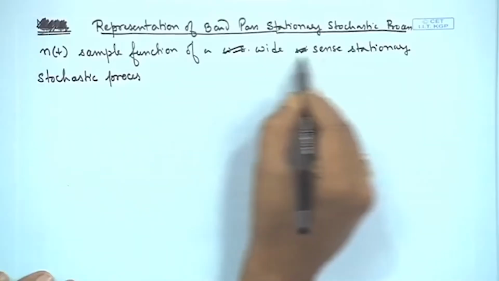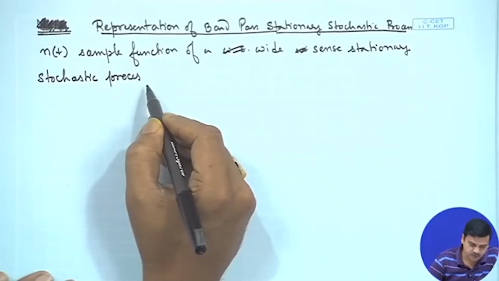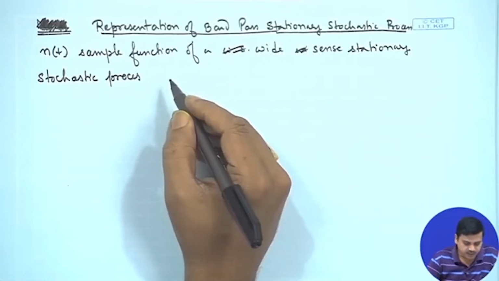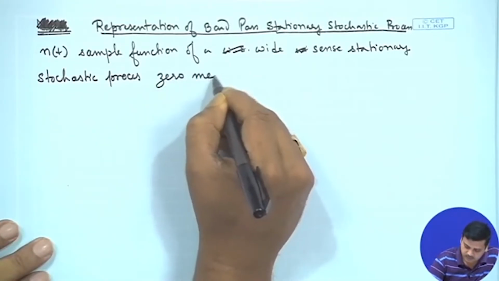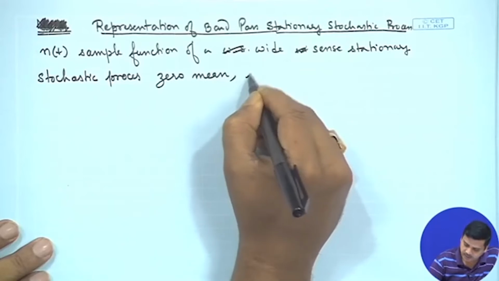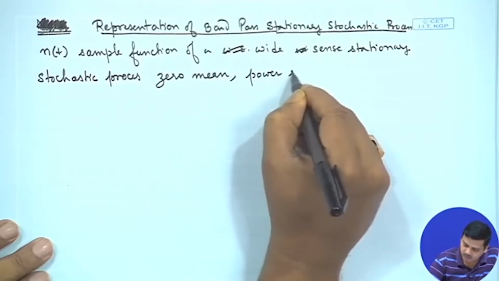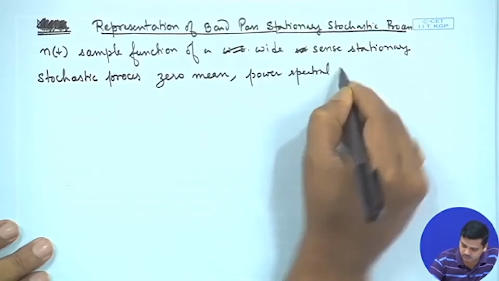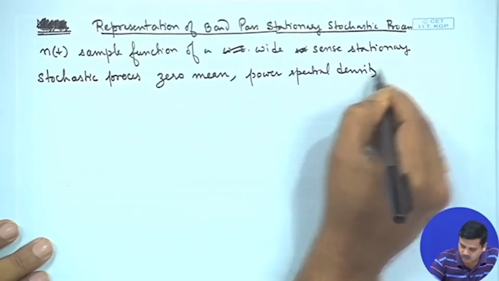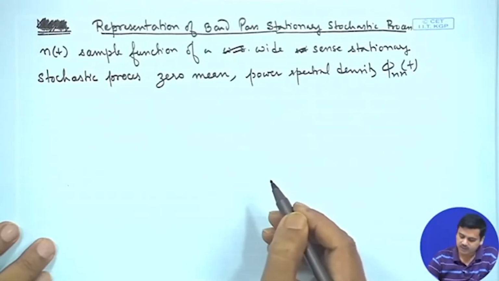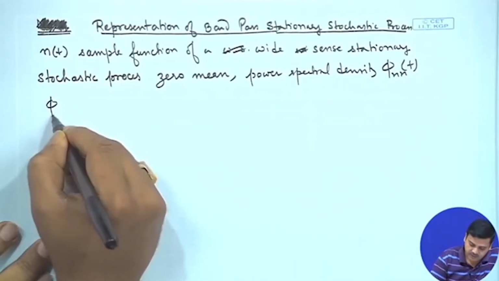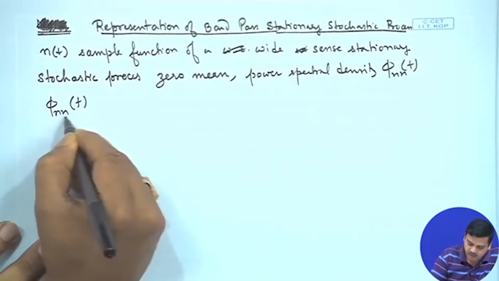So, let n(t) be the sample function of a wide sense stationary stochastic process, and we also state that this is zero mean and has power spectral density phi_nn(f).